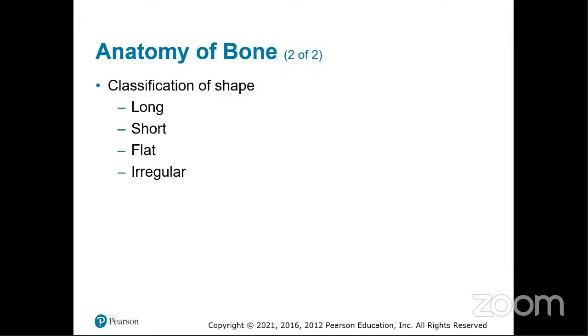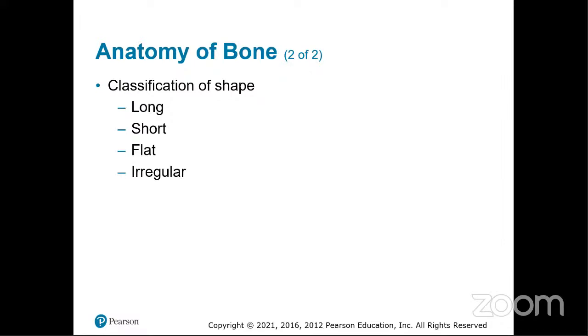So the anatomy of the bones, we break it down into different classifications. You have long, short, flat, and irregular. So what would you guys say is a long bone? Femur is a really good example. What would a short bone be? So yeah, your wrist and your hands, and then also the bones in your toes too.